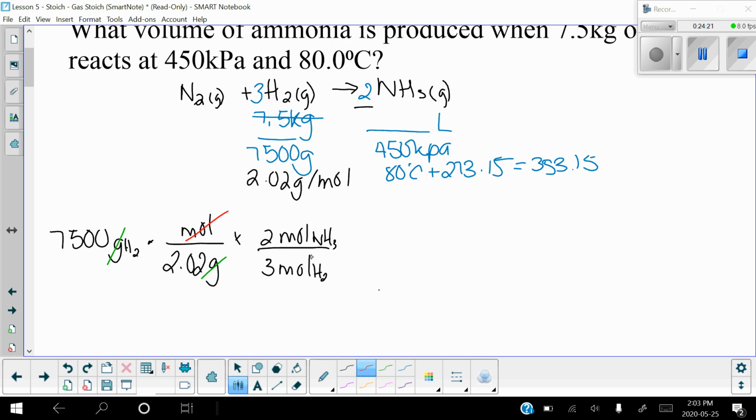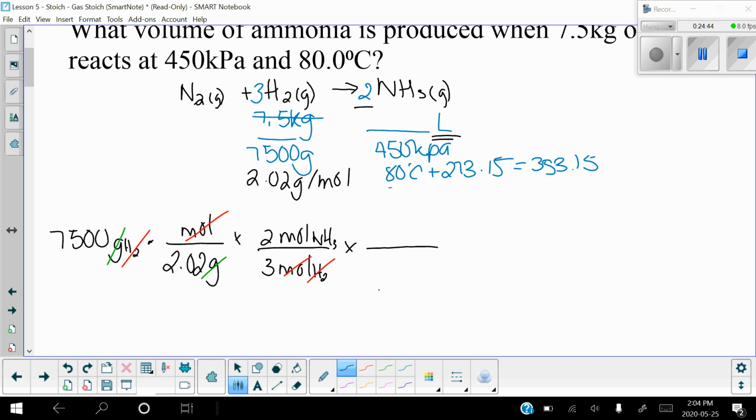Moles cancels out with moles. Hydrogen cancels out with hydrogen. From there, we are then going to see what we're actually looking for. They want us to calculate liters of a gas. In order to calculate liters of a gas, we need to use molar volume.